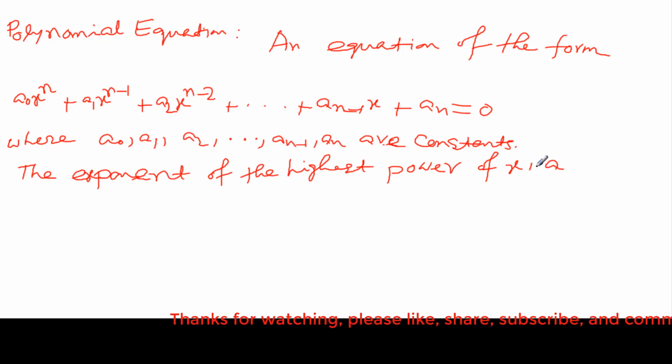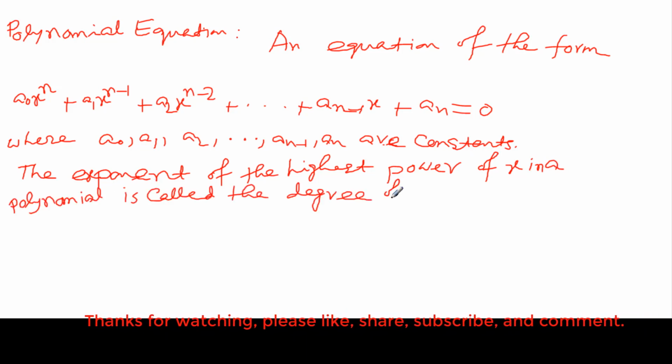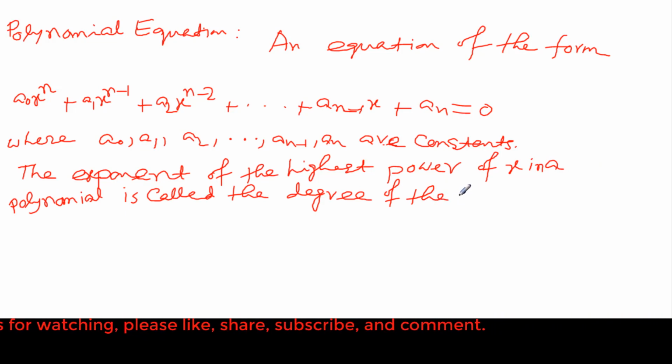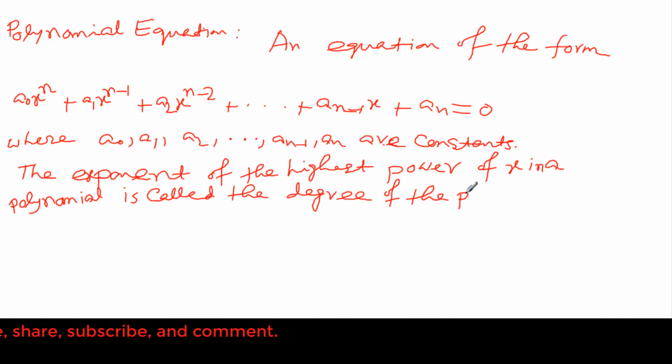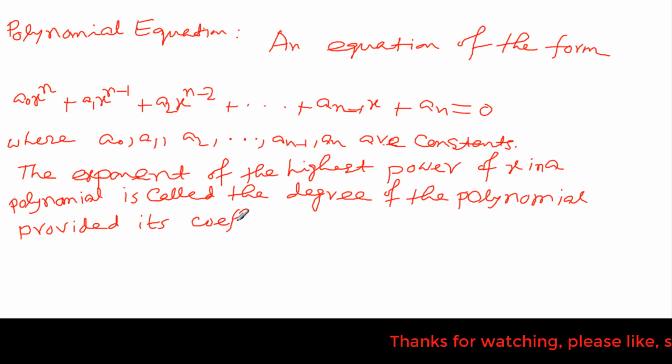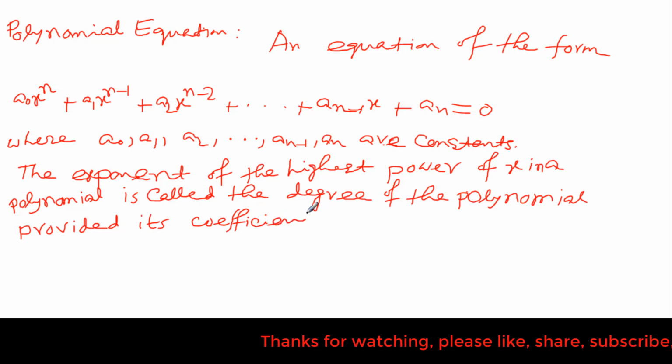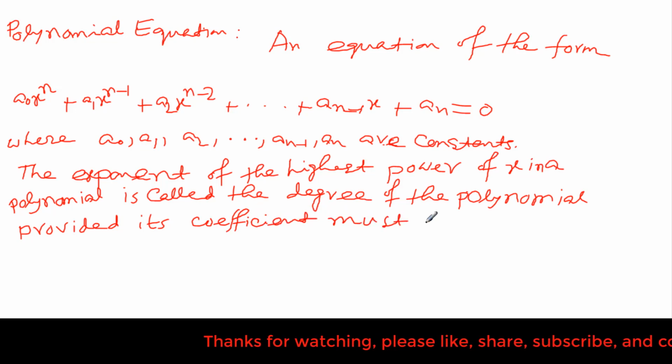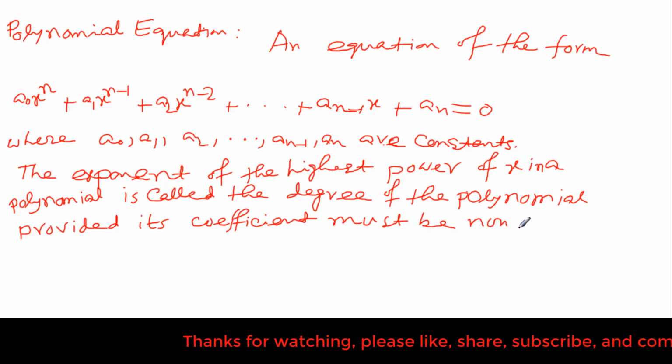The exponent of the highest power of x in a polynomial is known as the degree of the polynomial, provided the coefficient of the highest degree term is non-zero.